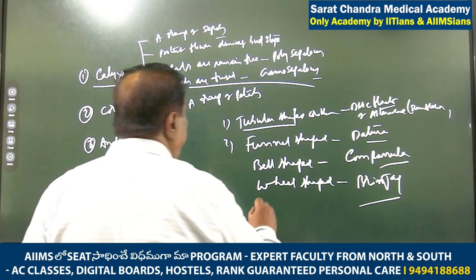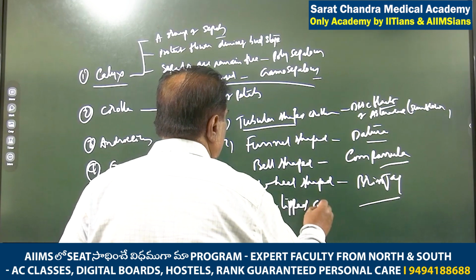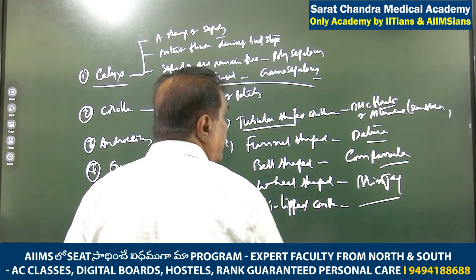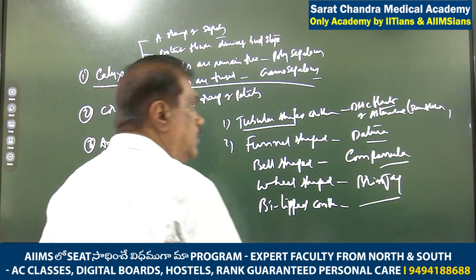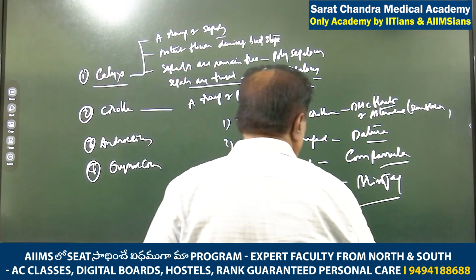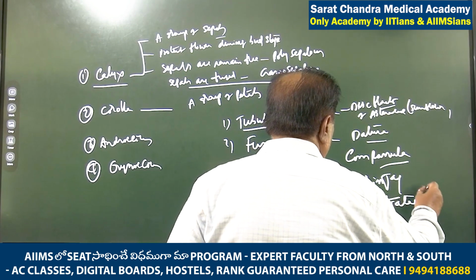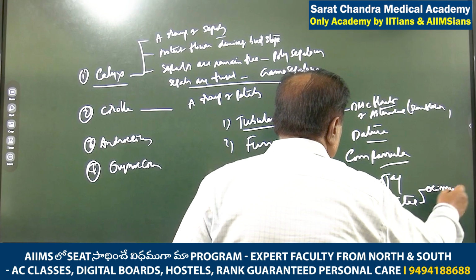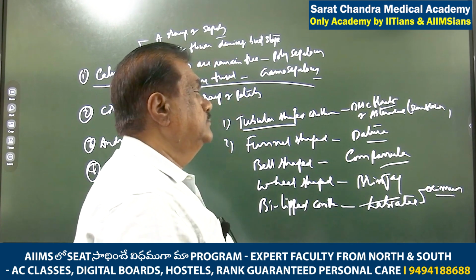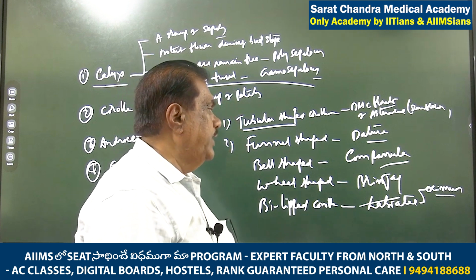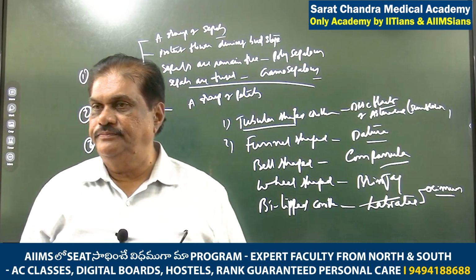Some are having bi-lipped corolla. Bi-lipped corolla can be observed in Ocimum, that is Labiatae family. Ocimum is the scientific name of Tulasi.